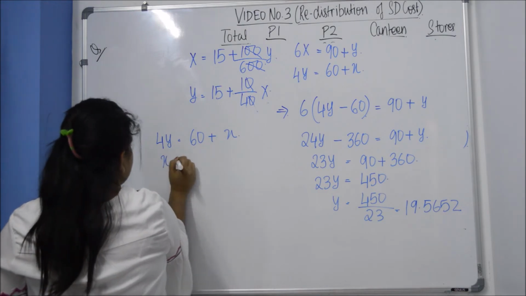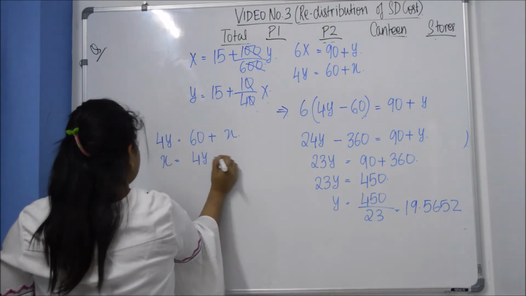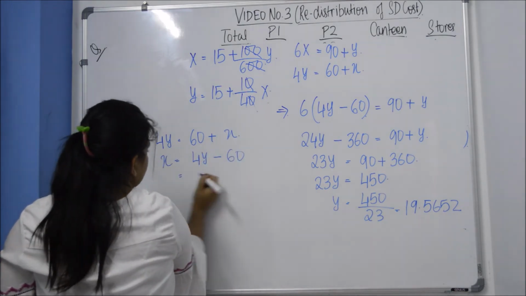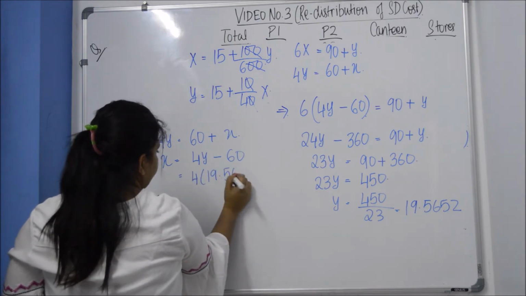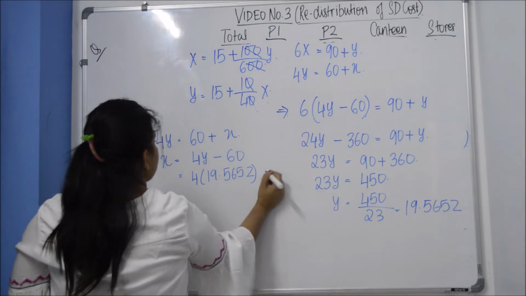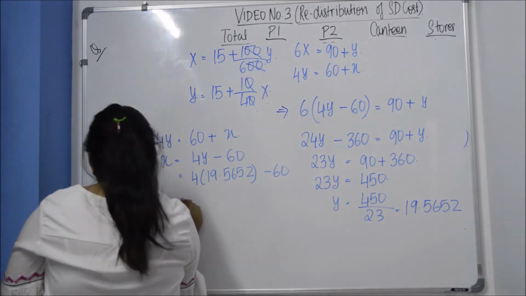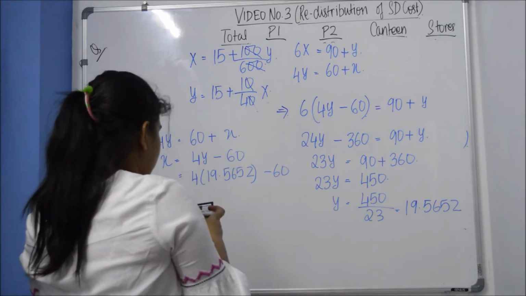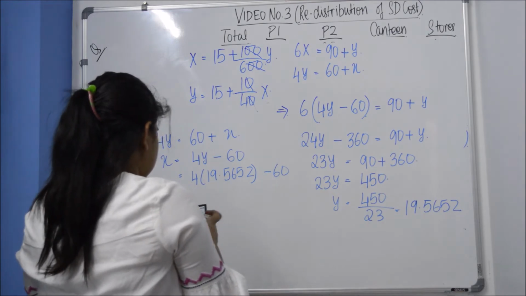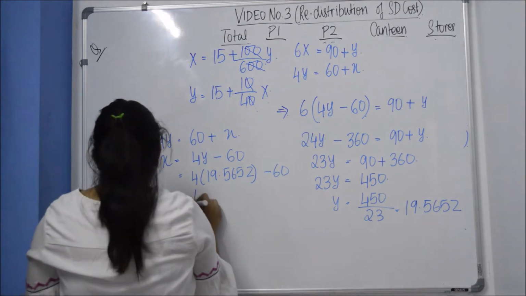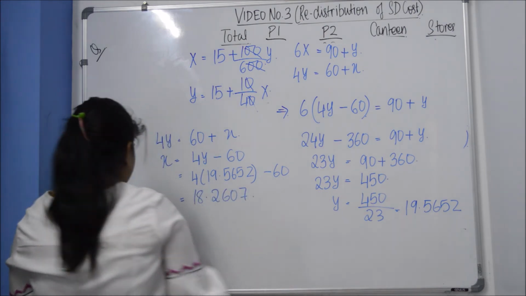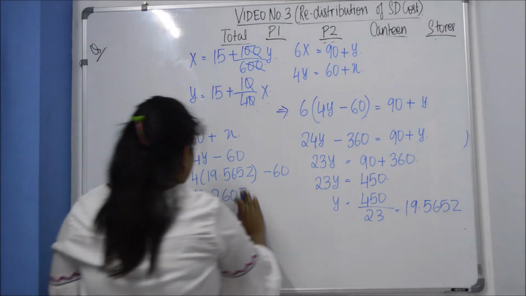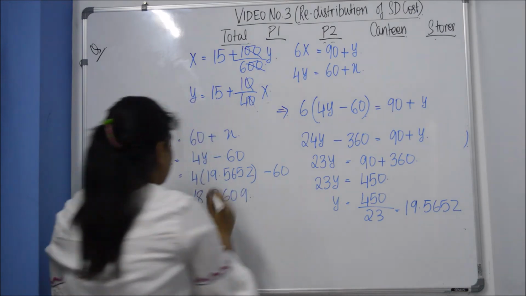So x would be equal to 4y minus 60, that is equal to 4 into 19.5652 minus 60. So that will be equal to 18.2609.